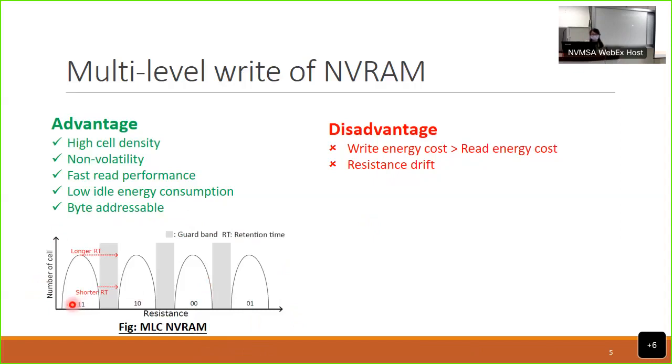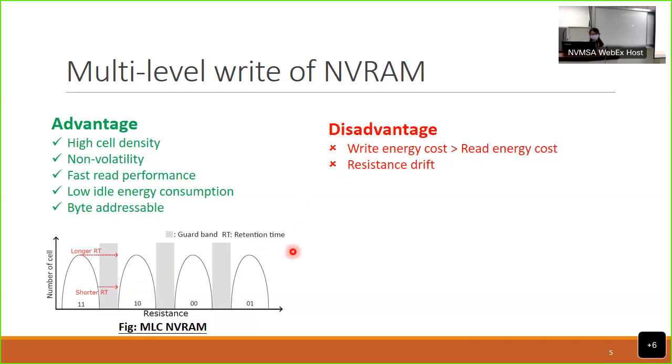The resistance in this area represents 1,1 as a bit pattern, and the resistance in this area we call bit pattern 1,0. Between the states, the guard band is to protect against the resistance drift phenomenon. But if the resistance drifts over the guard band, the data representation will be wrong, so NVRAM usually guarantees the data correctness within a time interval, and this time interval we call the retention time.